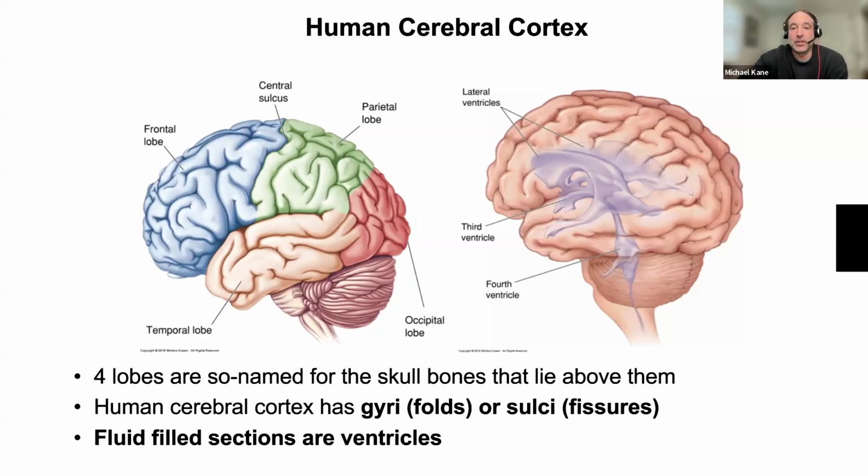And if we were to look within the cortex and kind of open up the brain, we would see that there's a lot of fluid in the brain, and these fluid-filled cavities are called ventricles, and the ventricles are filled with fluid that is called cerebrospinal fluid. And this has important implications for maintaining brain health.